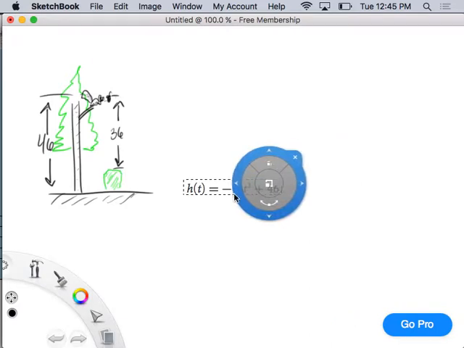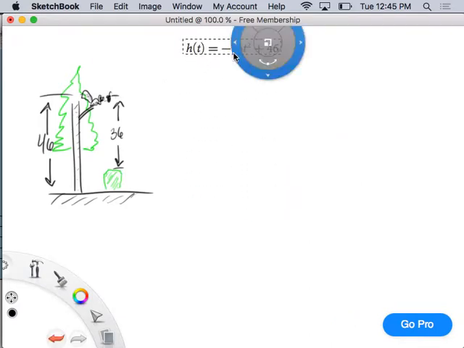Here's my equation. And it says, when will the chestnut reach the top of the bush? Well, h is the height of the chestnut, right? Well, what will the height of the chestnut be when it reaches the top of the bush? 46, 36, what? 10.